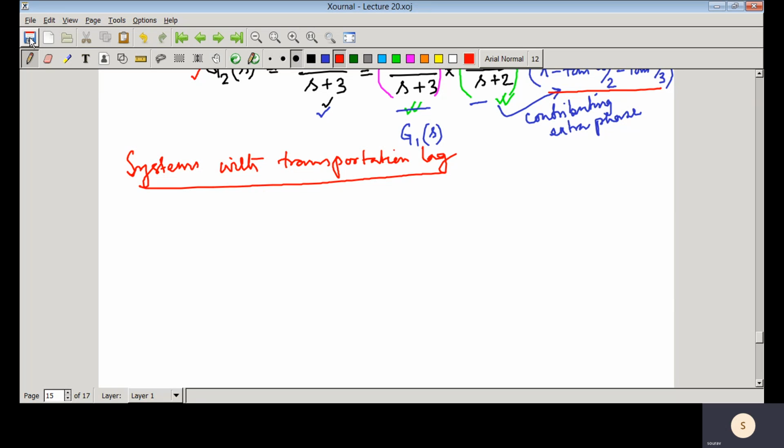That means if there is some delay in the loop, or any transportation lag, then what would be the modeling, and what is its gain and phase relationship, or its frequency response. So let us understand what a system with transportation lag is.